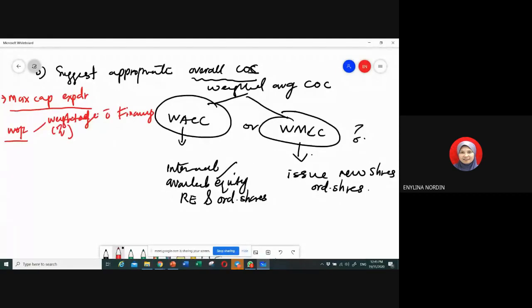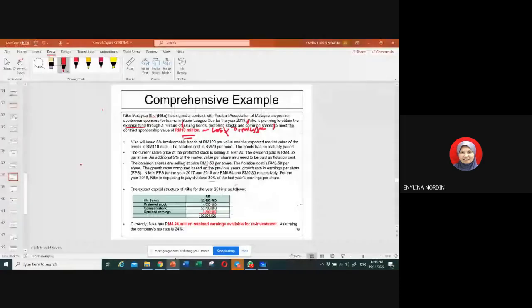Okay, let's go back to the questions. So you can see here, out of 100 million, total is 100 million. So where does this 100 million come from? This 100 million comes from the contribution of each component. That means bond contributes the value of 20.5 million. Preferred stock contributes 14.5 million.